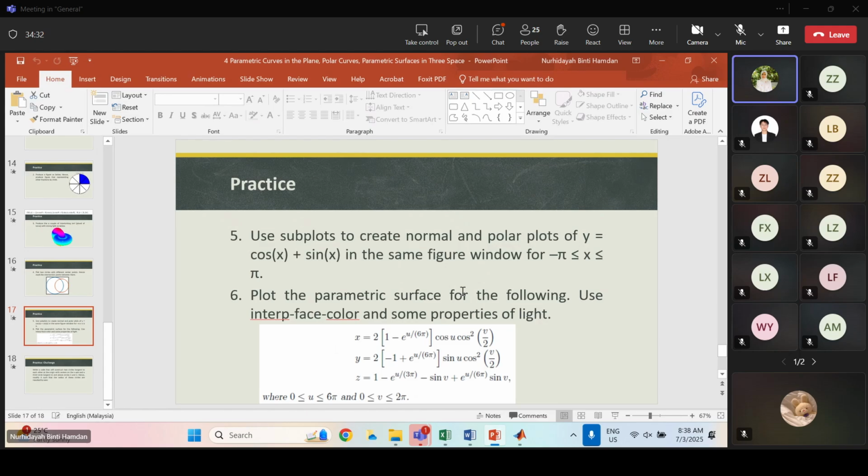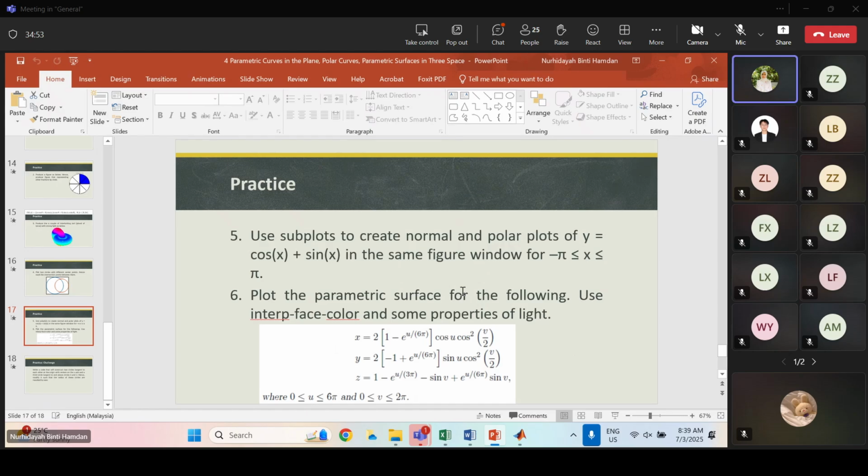You have to use the normal plot, which is plot. For the other one, you can use the polar plot function. You can do it by yourself, right? Or you need my code? Easy, right?